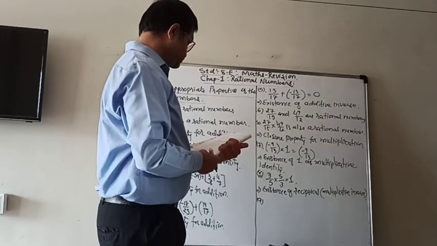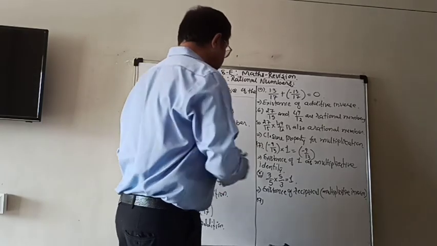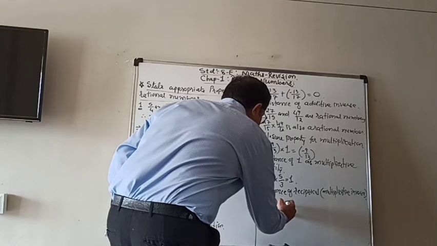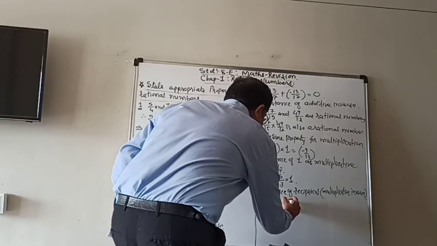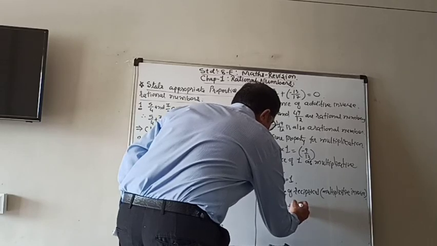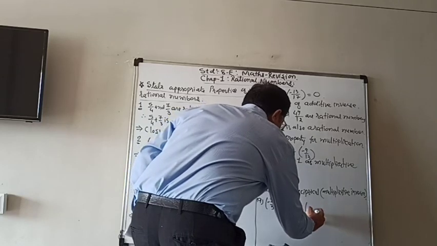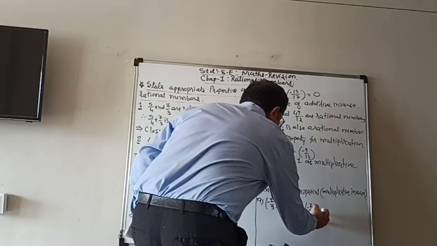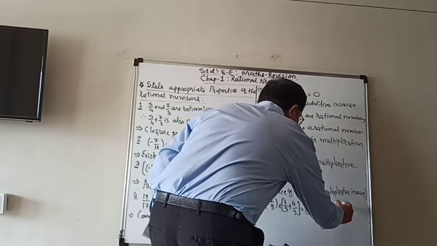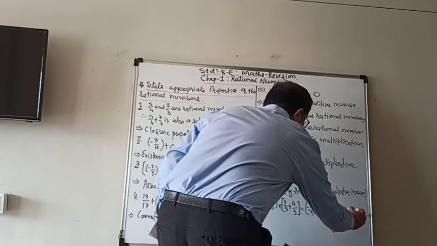Then another one: minus 7 by 5 multiplied by 3 by 5 plus 4 by 5 is equal to minus 7 by 5 into 3 by 5 plus minus 7 by 5 into 4 by 5.